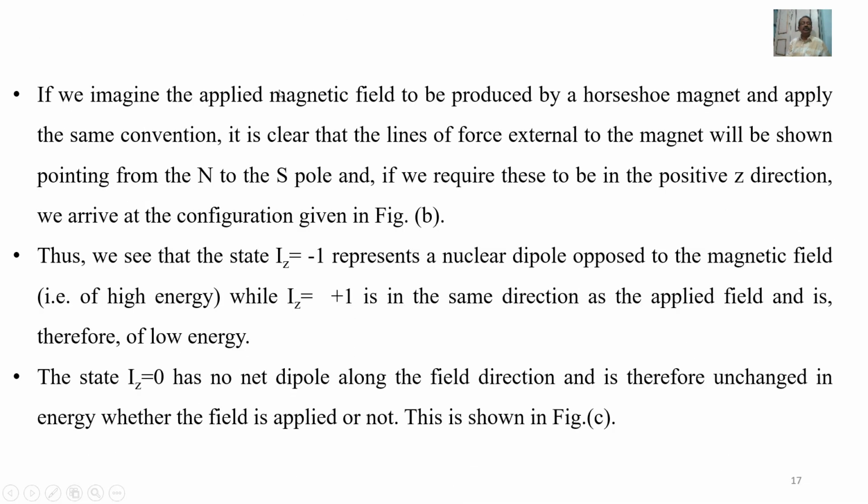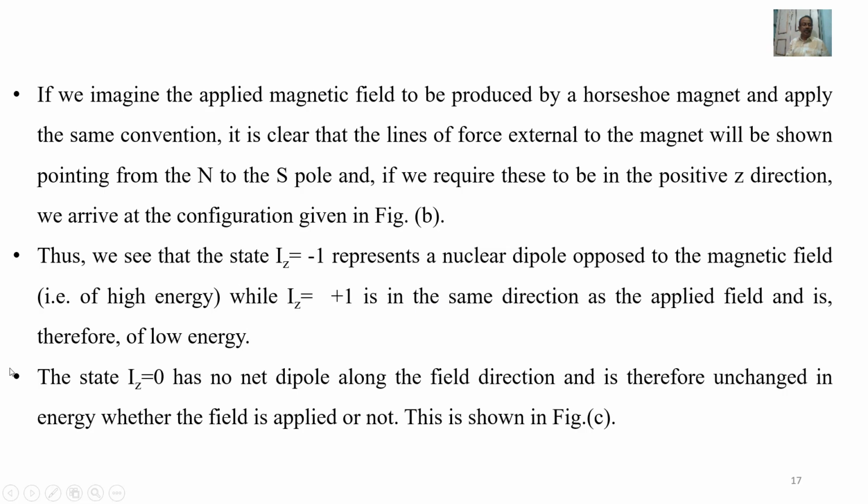If you imagine the applied magnetic field to be produced by a horseshoe magnet and apply the same convention, it is clear that the lines of force external to the magnet will be shown pointing from the north pole to the south pole, and if you require these to be in the positive z direction, we arrive at the configuration given in figure B. Thus, we see that the state Iz equals -1 represents a nucleus dipole opposed to the magnetic field, that is of high energy, while Iz equal to +1 is in the same direction as the applied field, and this will have low energy.